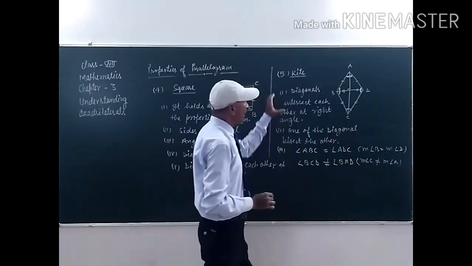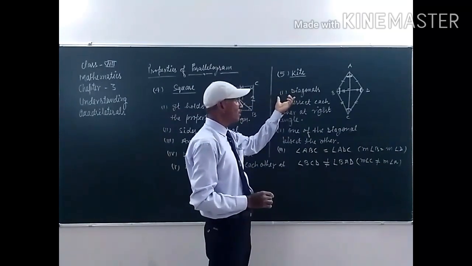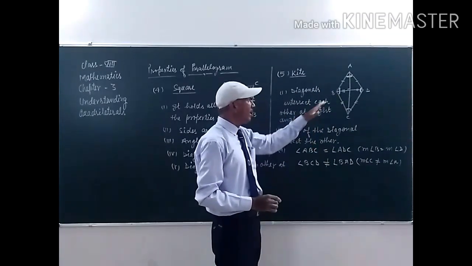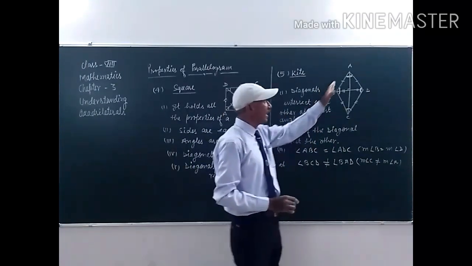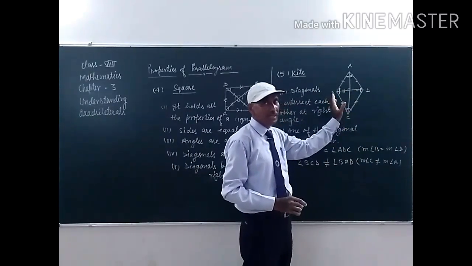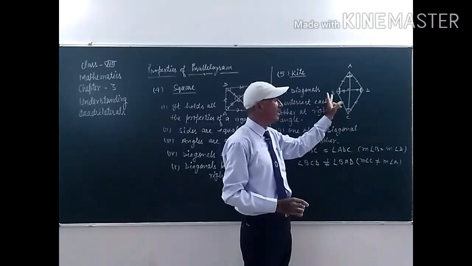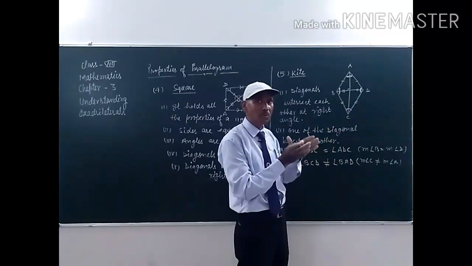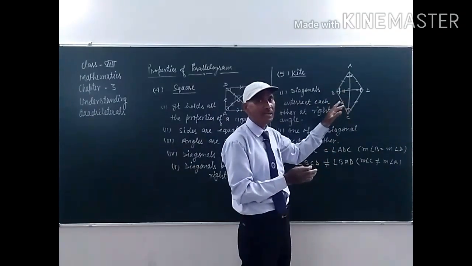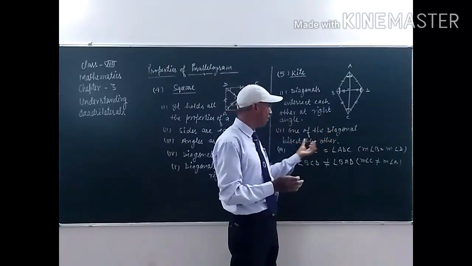So a kite holds three properties. First one is diagonals intersect each other at right angle. Diagonals intersect each other at right angle, student. Intersect and bisect are two words, and you have to understand that bisect means to divide into two equal parts, and intersect means at any ratio it can intersect. Second one, one of the diagonals bisects the other.